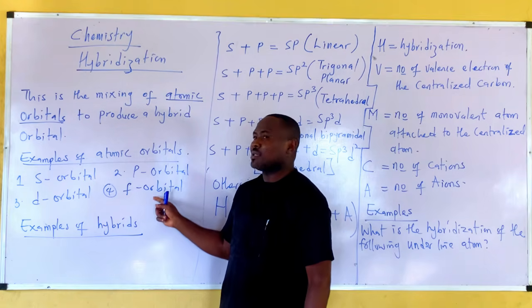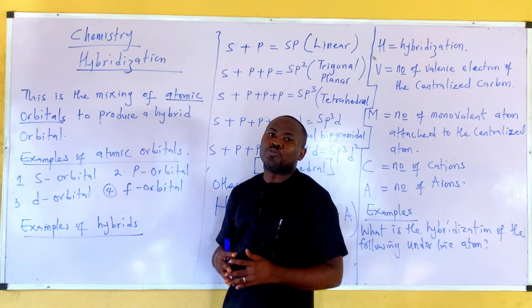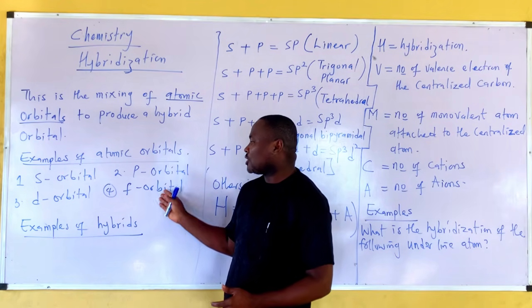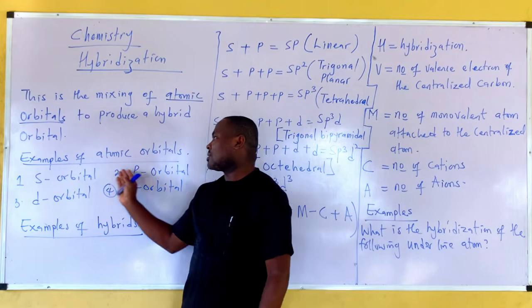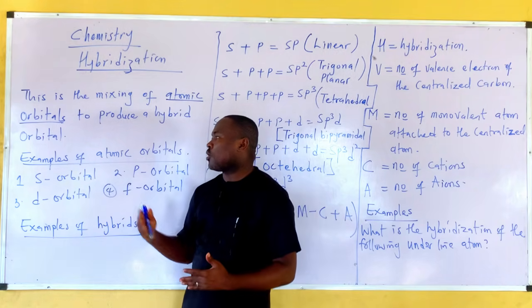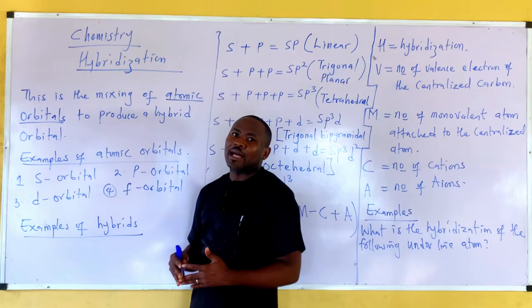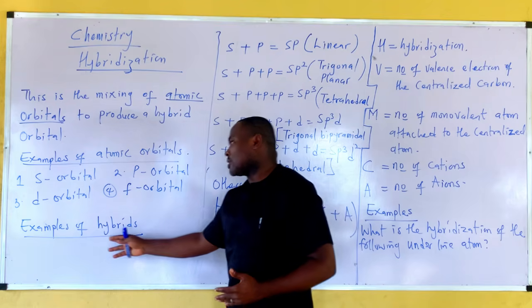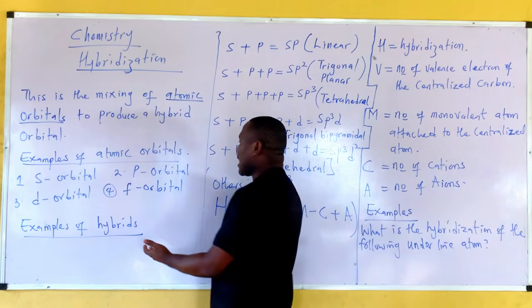It has a multiple loop shape, so we say it has a complex shape. All of these are unhybridized, but when they mix with other orbitals, we get what we call a hybrid. So we will be seeing some examples of atomic hybrids.